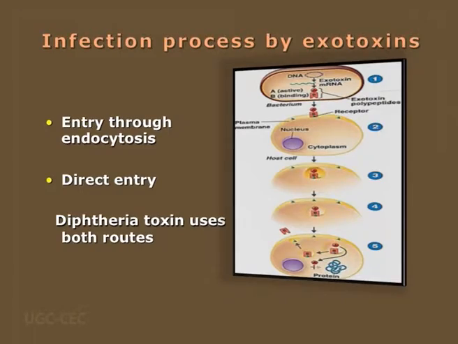For example, the diphtheria toxin, released by the microorganism which causes diphtheria, can enter through both routes, that is direct entry or receptor-mediated endocytosis, while some other toxins, like those given by Pseudomonas, can enter through one of the routes.